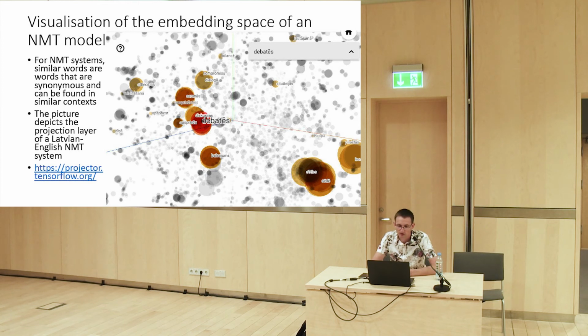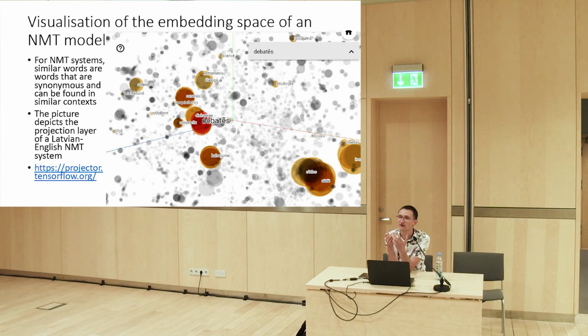The tool that I used is called Tensor Projector, and it's something that Google's researchers have produced. It's available online. You just need to upload data from your embedding space, and then it will analyze and squeeze the embedding space, in my case, down from 512 dimensions to 3 dimensions.